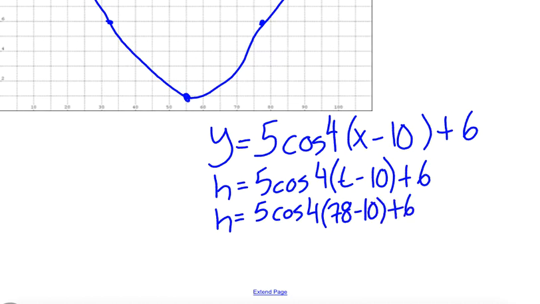Be careful with your BEDMAS when you're doing this, but putting this into my calculator, you should get 6.2 meters.